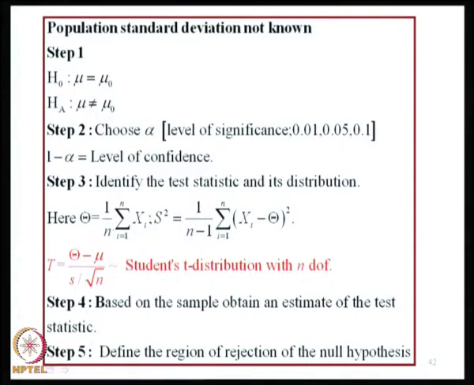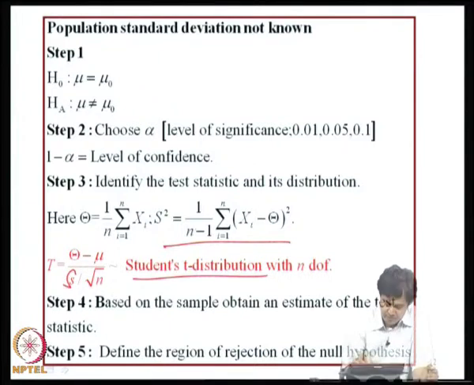Earlier I assumed that variance is known, therefore the sampling distribution was Gaussian. Now, variance is also estimated from the same sample, therefore the test statistic will be related to the student's t distribution.